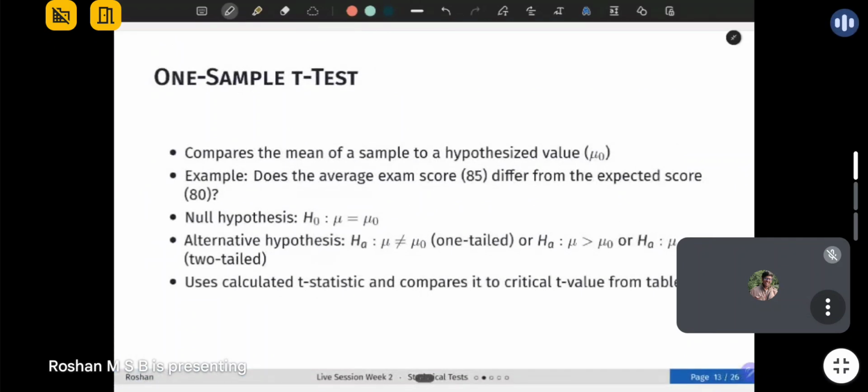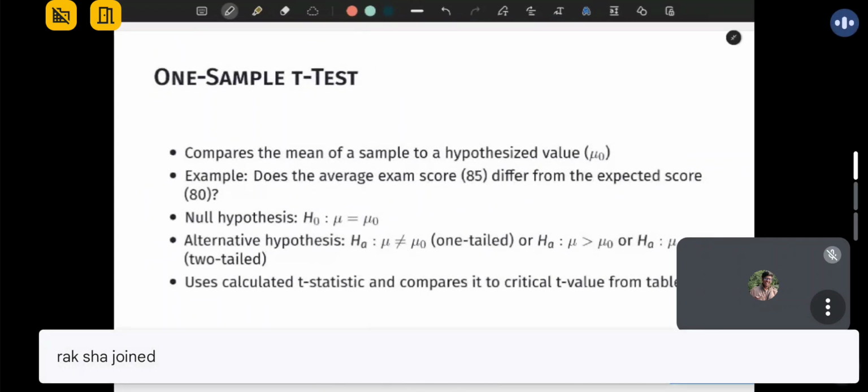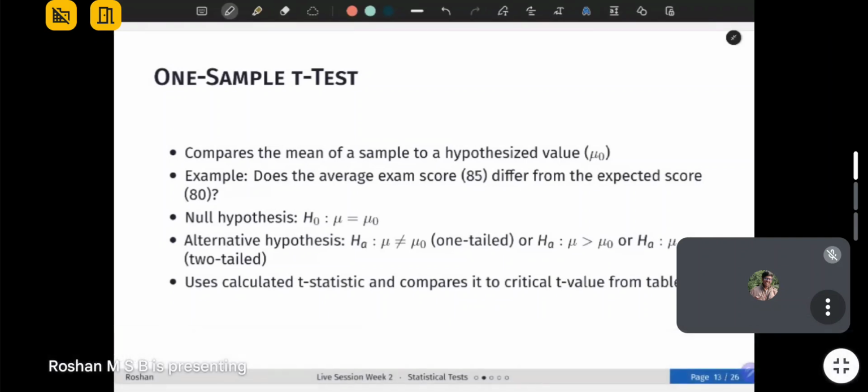So for a one sample t-test, you have a single group. An example here would be taking the average exam score, and you have an expectation. The expectation will be your mu naught, and you frame a hypothesis. My null hypothesis will be that my average exam score is mu naught, in this case 80.